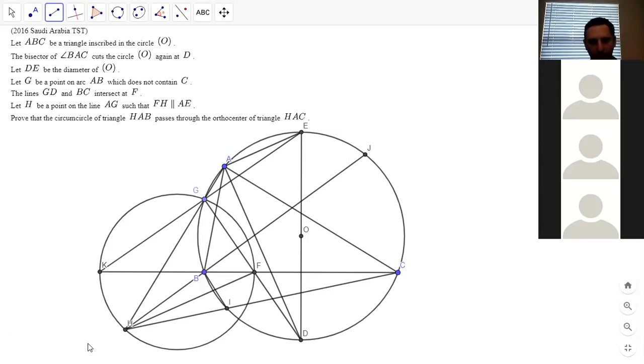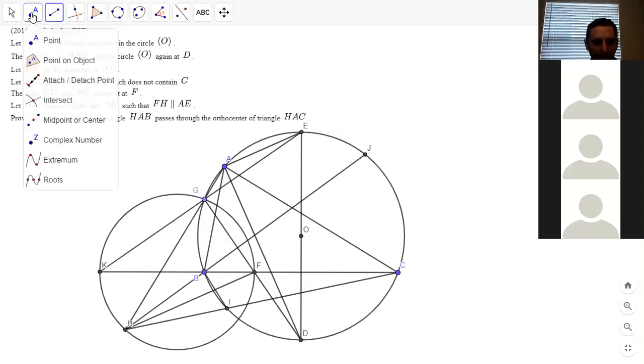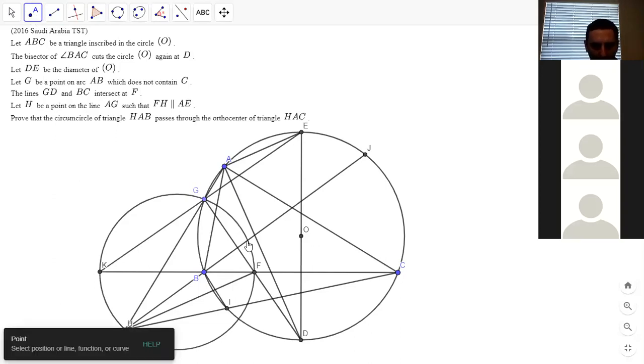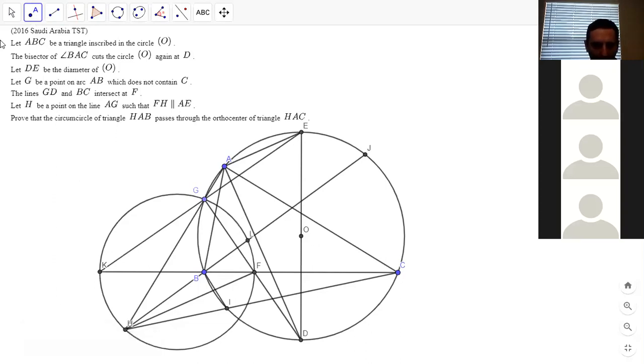So let's see, ABH is 180 minus GAB minus GHB. I wonder if K, so GHB is GKL or GFL.